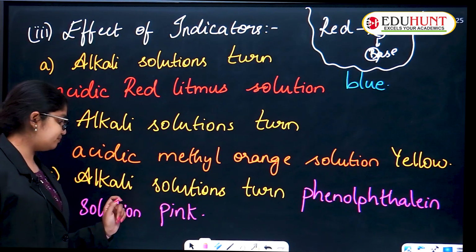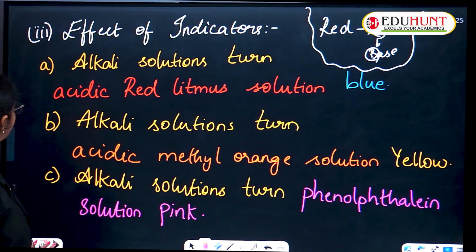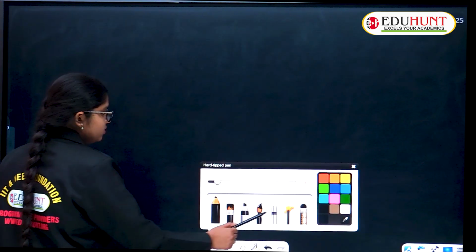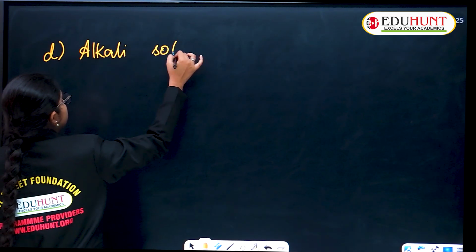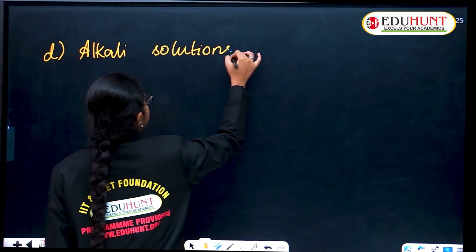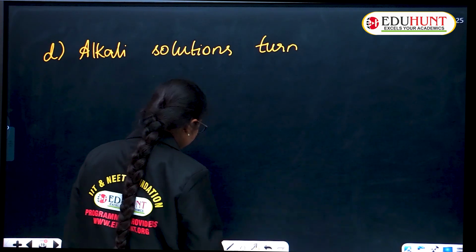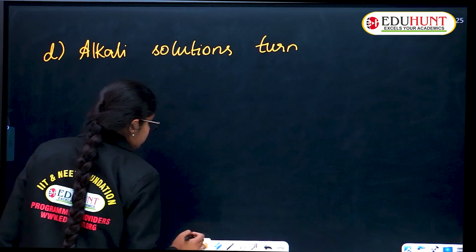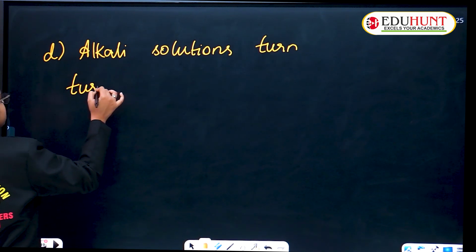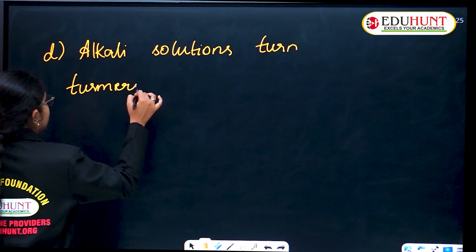Okay, so next thing is D. I'll write here. The next one is D. Alkali solutions turn turmeric powder.